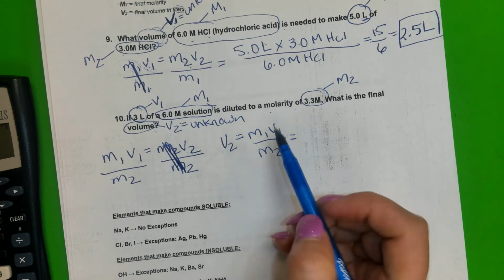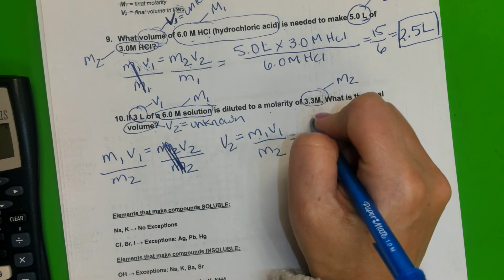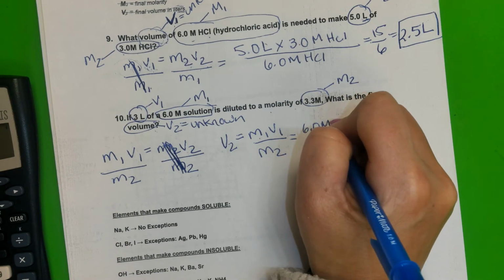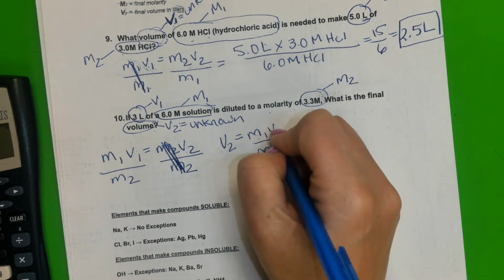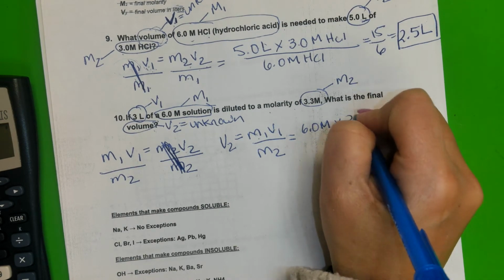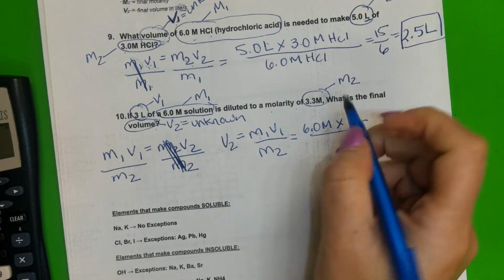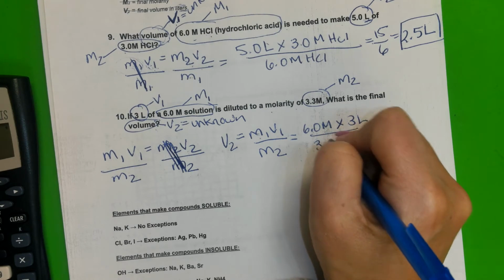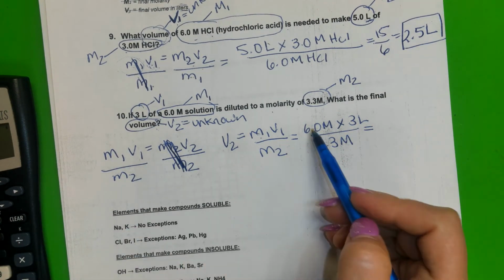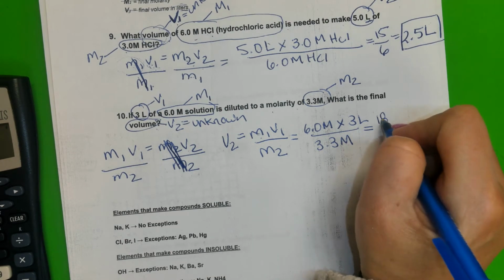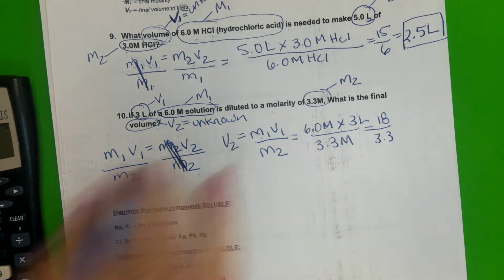Okay, we're ready to plug it in. M1 is 6.0 molarity. V1 is 3 liters, because it's multiplying times 3 liters, divided by M2, which is 3.3 molarity. So 6 times 3 is 18, divided by 3.3.